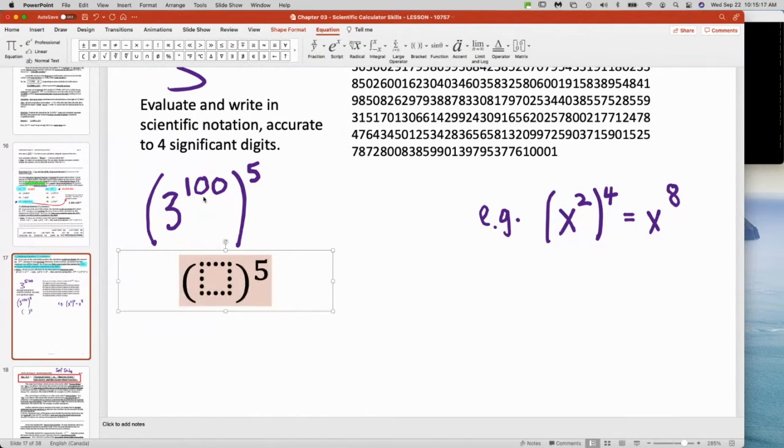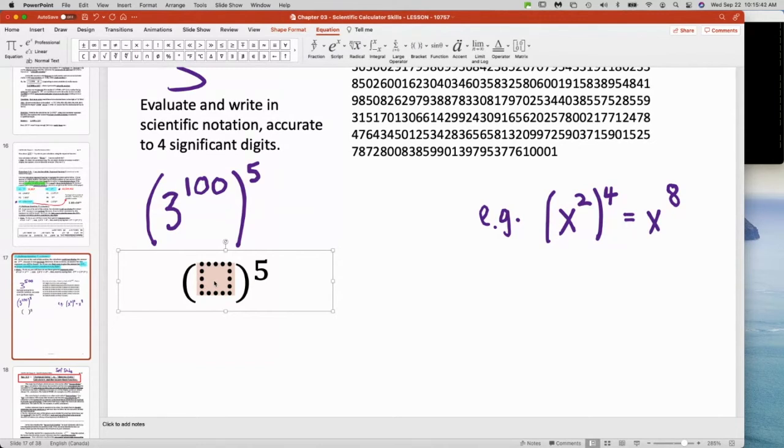So what I want you to do on your calculator is 3 to the 100. Just 3 to the 100. Do not type the 5 in. So what is 3 to the 100? Can you give me that in scientific notation? Yes, thank you, Matthew, because you've got to put the thing there.